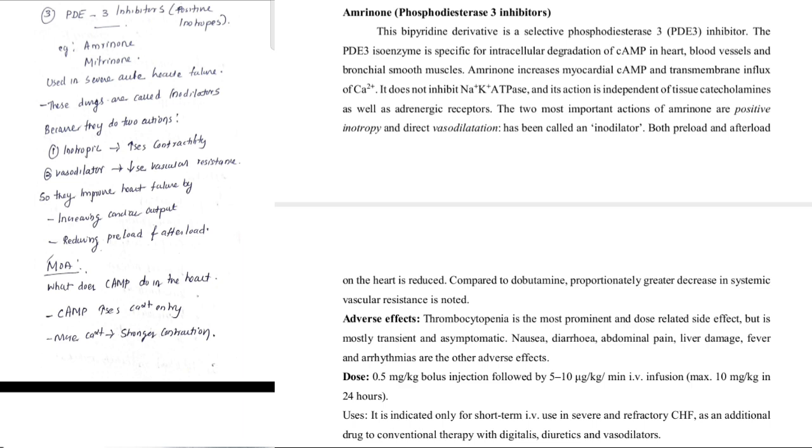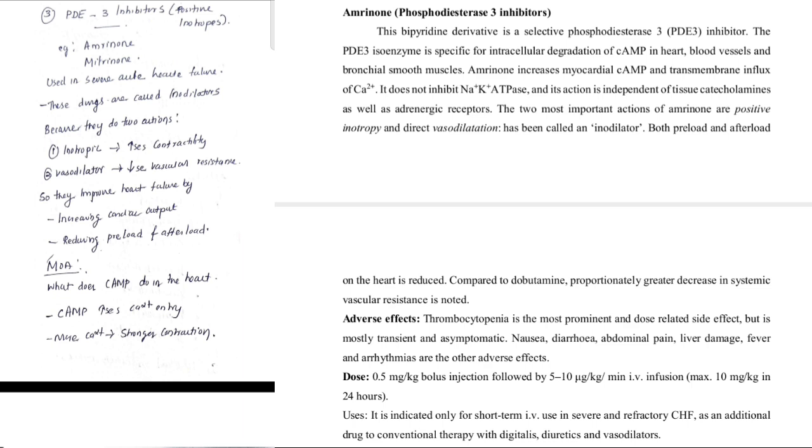Okay, these are used in severe acute heart failure cases. These drugs are called inodilators because they do two actions. The first one is the inotropic action, that means it will increase the contractility.